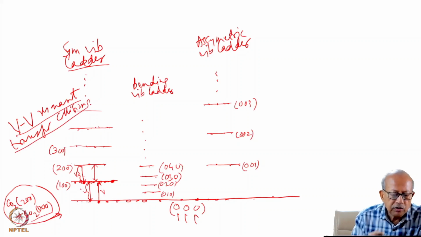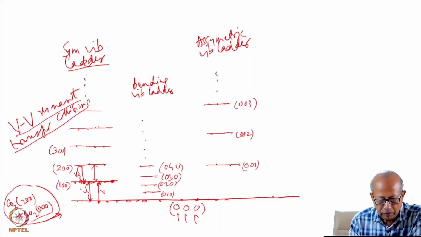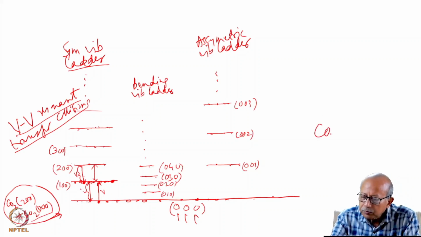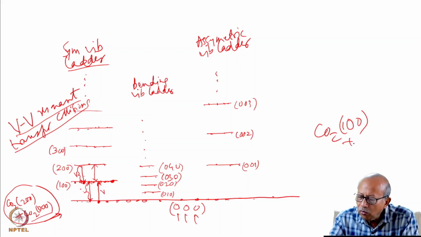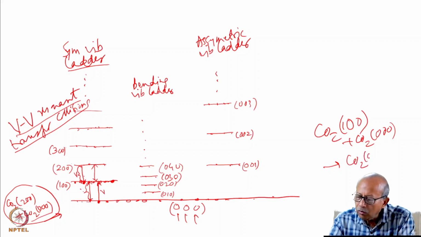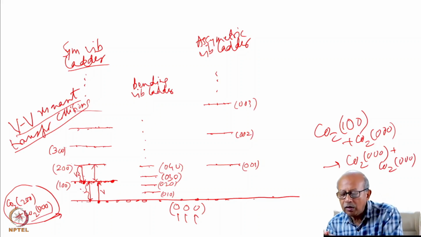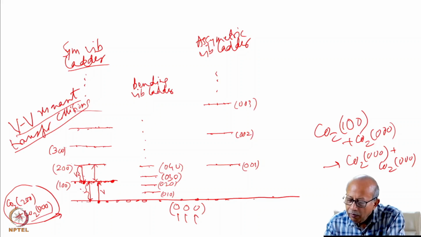resonant energy transfer collisions. So for this, the CO2 molecule in 100 state, if it has to collide with a CO2 molecule in the ground state and come down to the ground state, then the energy that is released, vibrational energy, has to be realized as translational energy.